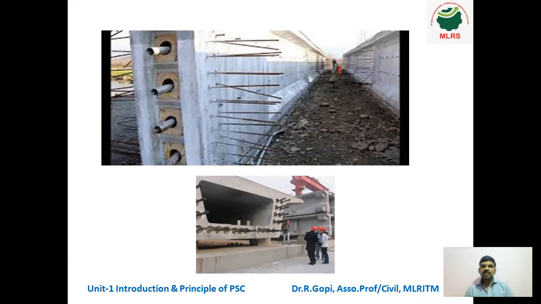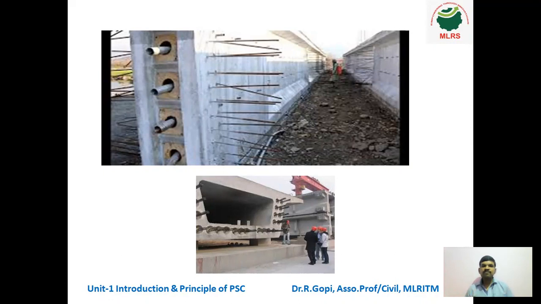And one more thing, pre-tensioning is carried out in the prefabricated plant, but post-tensioning is done as it is, in the site only. It is cast in situ concrete. Why is pre-tension fabricated in the plant?